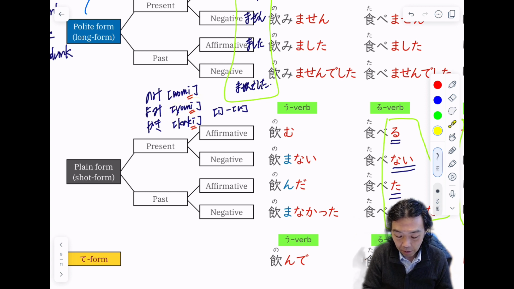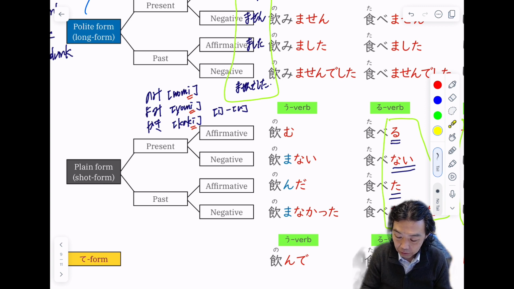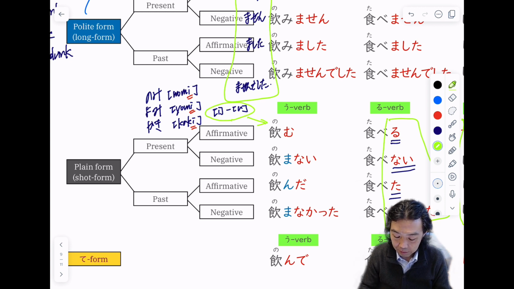And present affirmative kakimasu is kaku. Okay, so hanashimasu becomes hanasu. Shinimasu becomes shinu. Asobimasu becomes asobu.